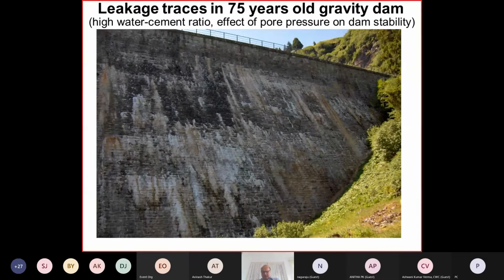This shows one in Switzerland, built about 75 years ago. At that time, people used very high water cement ratio because for placing this concrete, they didn't have vibrators at that time, so it was a high water cement ratio. And if you have high water cement ratio, the permeability is high.